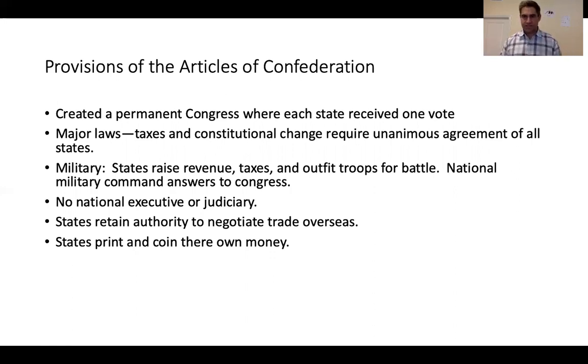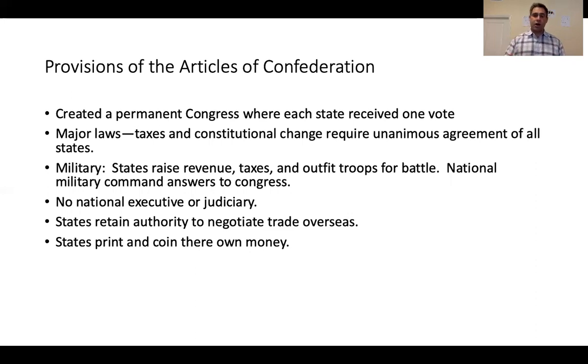Regardless of the size of the state, congressional representation gives each of these early colonial governments, each state within this new Articles of Confederation, one vote, right? So New York, Massachusetts, Pennsylvania, Virginia, Delaware, they're all going to have one vote in this early Congress.